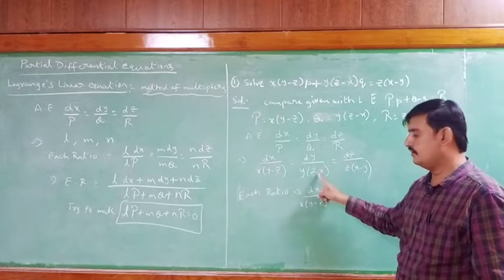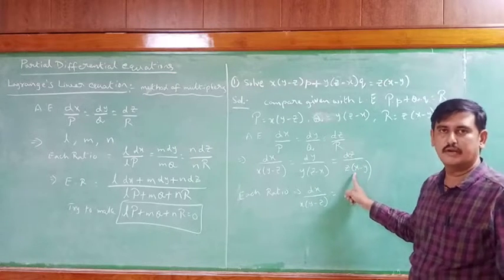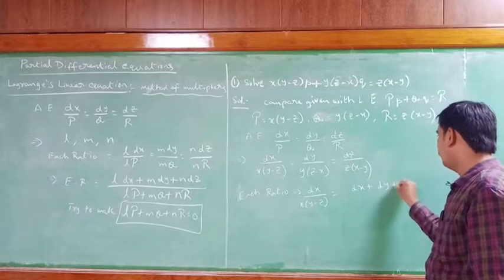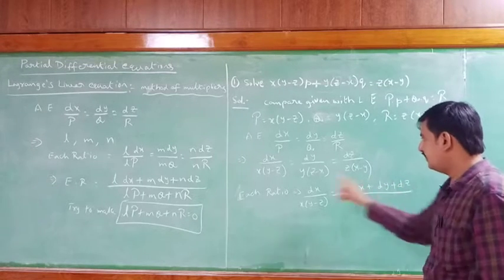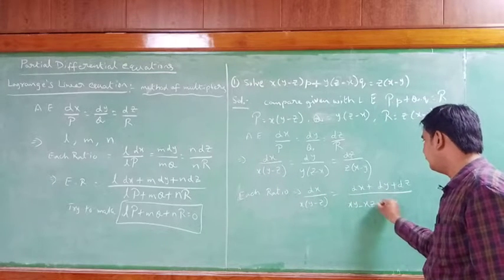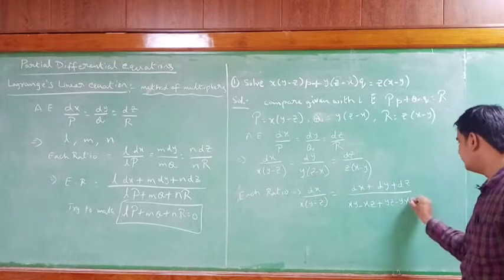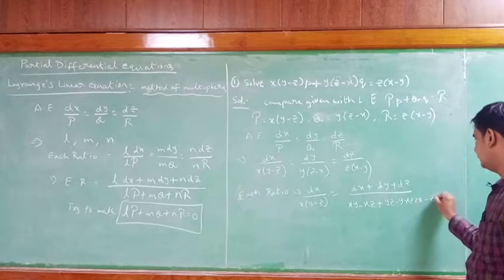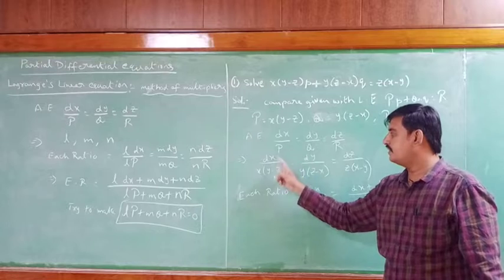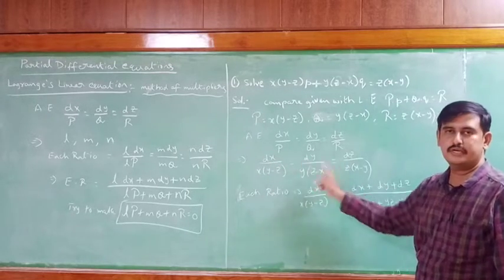So what I get here? 1 dx plus 1 dy plus 1 dz by 1 into xy minus xz plus yz minus yx plus zx minus zy. Correct? Using the method of multipliers, we multiplied numerator and denominator with 1, and we are adding all numerators and all denominators.